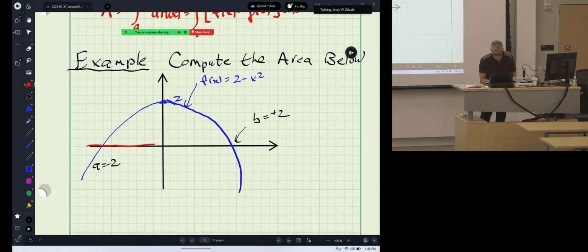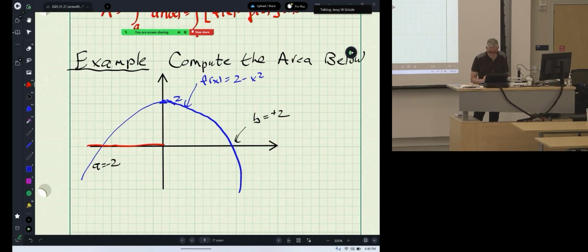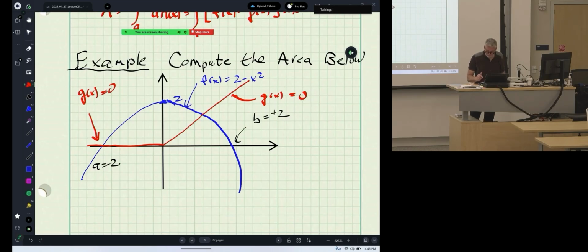And then g of x is going to be 0, and then equal to x. Whoops. That's x. I said x.